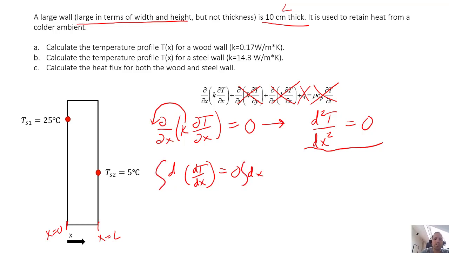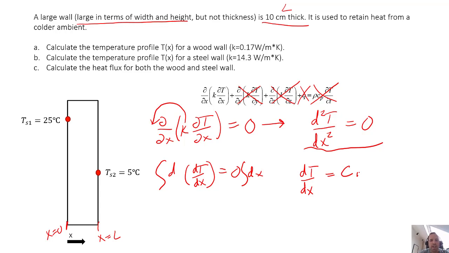When we integrate, the integral of the derivative of dT/dx is just dT/dx. Then the integral of 0 times dx is just 0 plus a constant of integration. So we get dT/dx equals C. We're going to need another constant of integration, so I'm going to go ahead and call this C1.